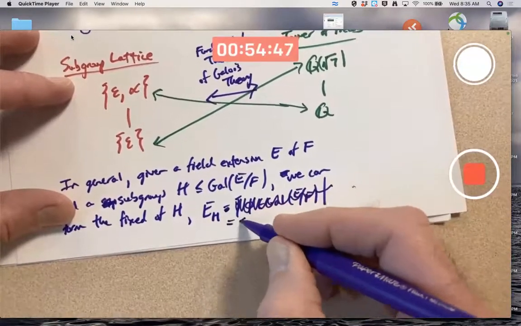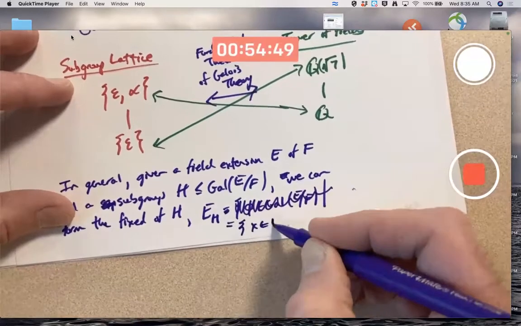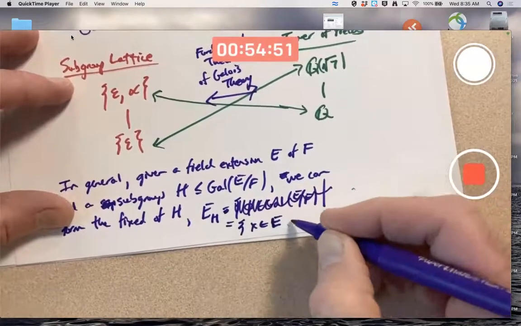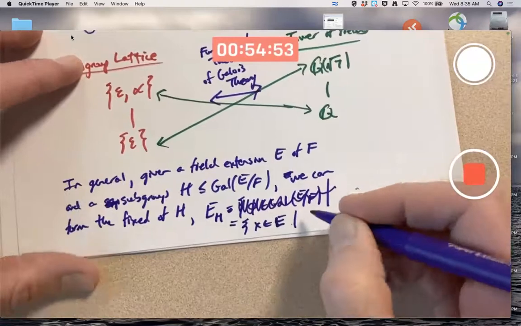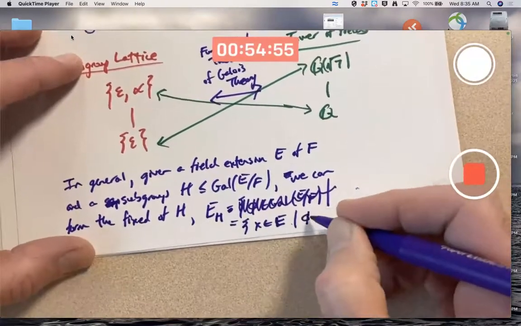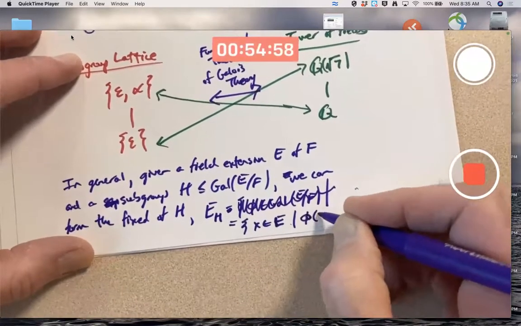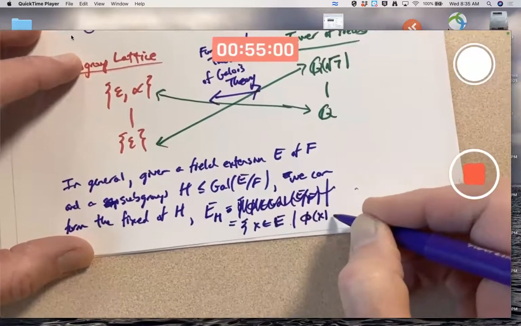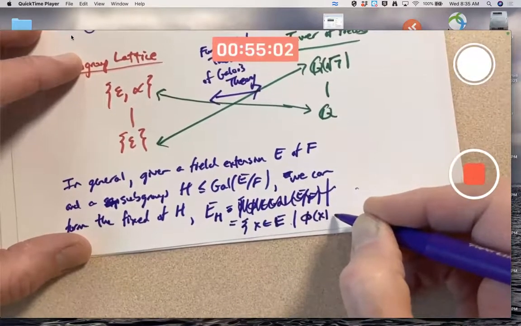This is the set of everything in E that gets mapped to itself under elements of H.